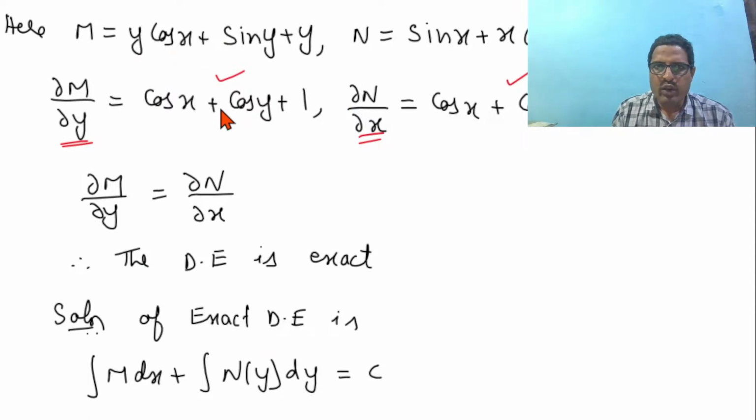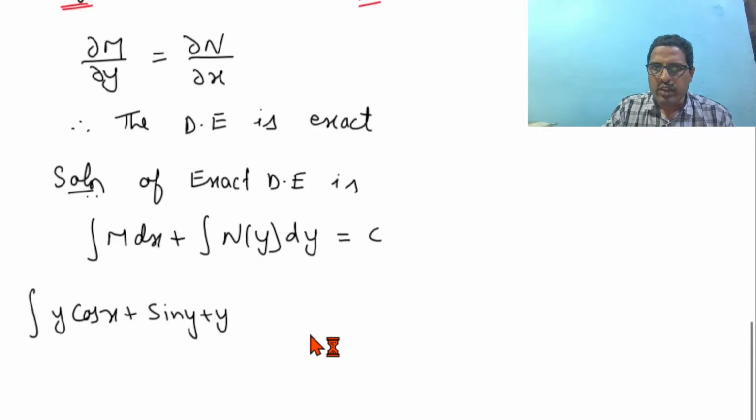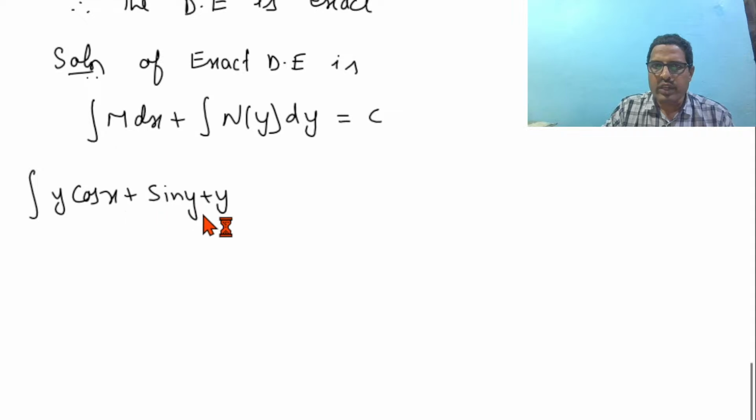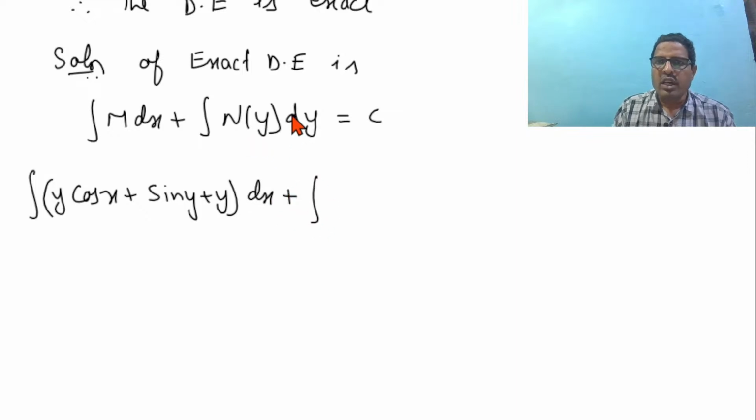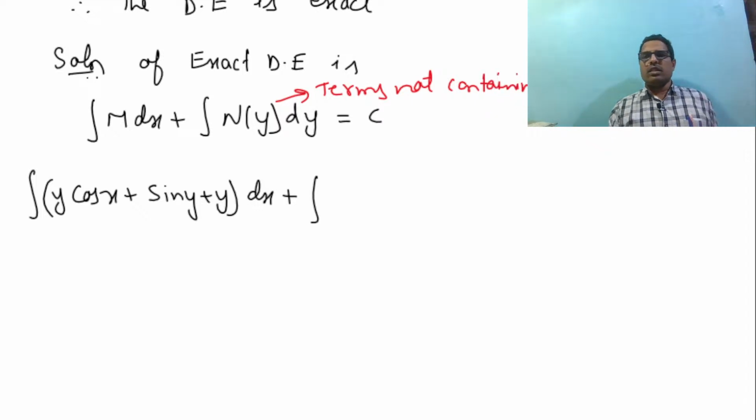Let me write down the value of M: y cos x plus sin y plus y, times dx, plus the integral of N(y). N(y) represents the terms not containing x. So let us try to see the N value here.